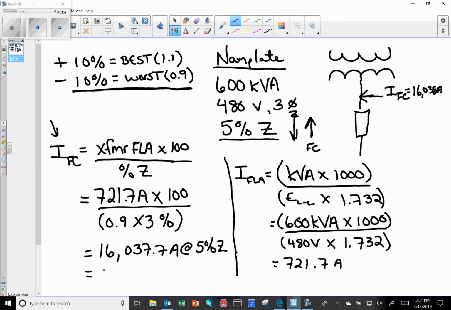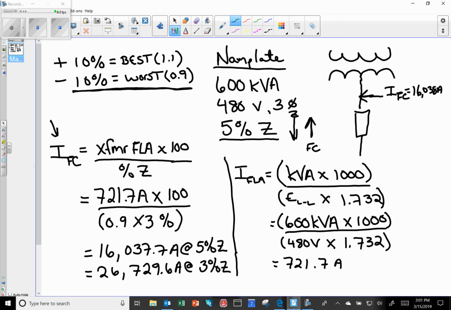Would be 26,729.6 amps at 3% impedance. So you can see by just adjusting this impedance by just a little bit, lowering it, we have increased our fault current substantially from 16,000 to almost 27,000.